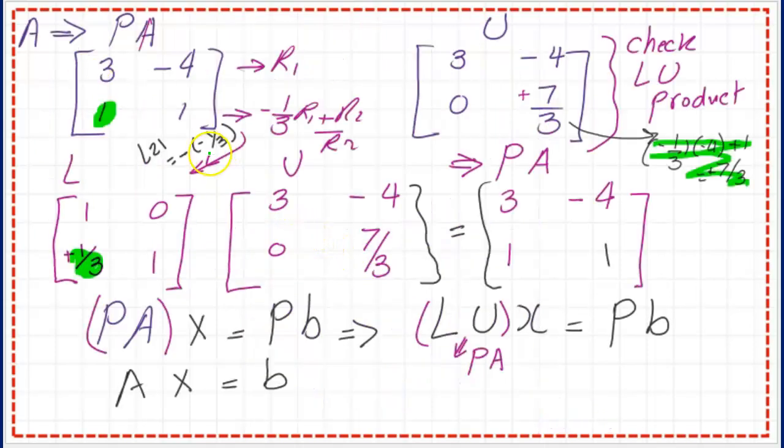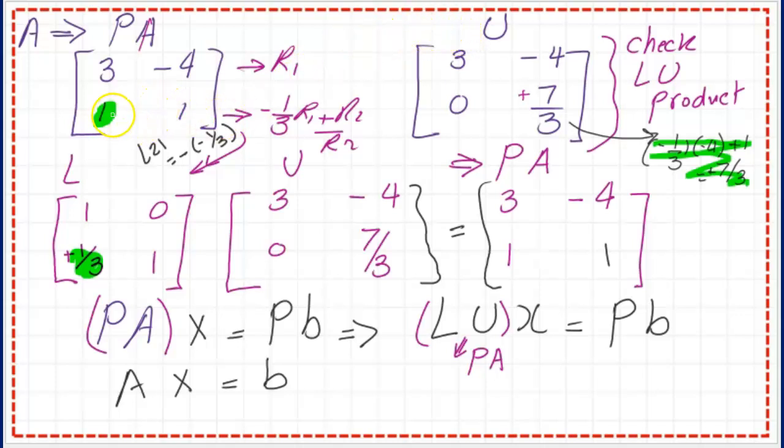Now we will move to the expression of LU, how we can derive the formula. After we have shifted the second row to become the first row, the matrix A is no longer A, it becomes PA, the permutation matrix multiplied by A. Now we proceed to do the elimination to get the upper matrix.